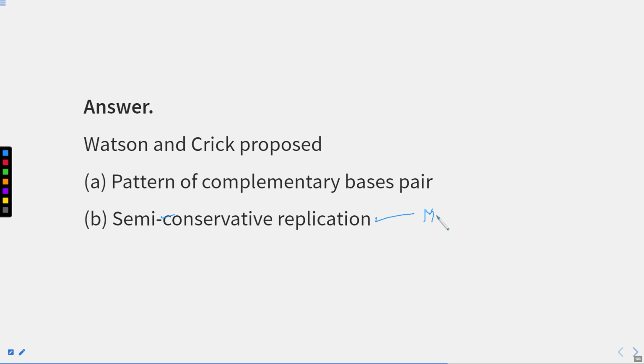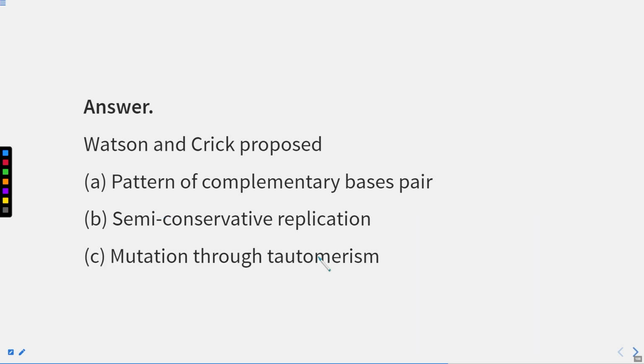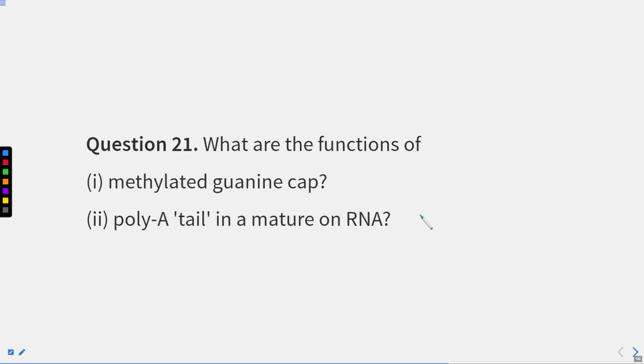But it was Meselson and Stahl who gave the semi-conservative nature of the DNA replication. And Watson also proposed that mutation occurs through tautomerism.